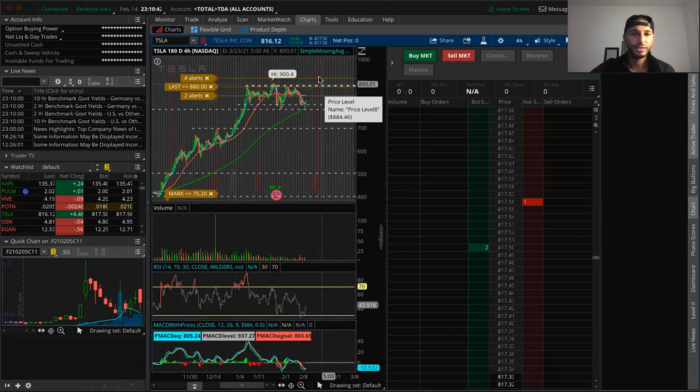Like I said, I have nothing but good things to say about TOS for the most part. The order executions are pretty good on most days. From time to time, we'll have a couple of delays, but at the same time, the active trader feature here for day trading gives you a pretty cool way of filling on or executing orders.